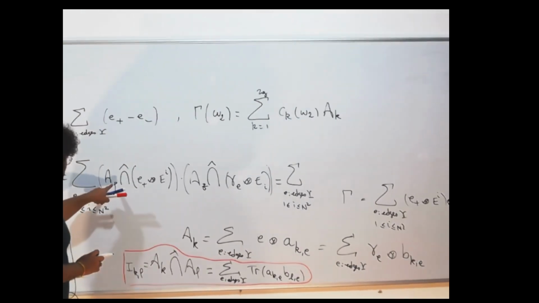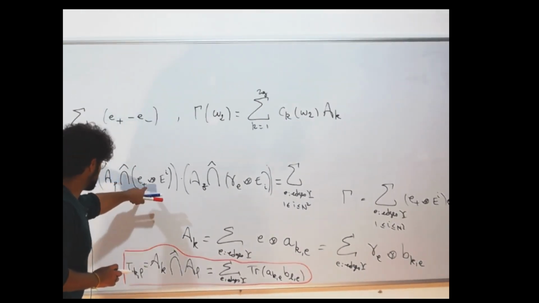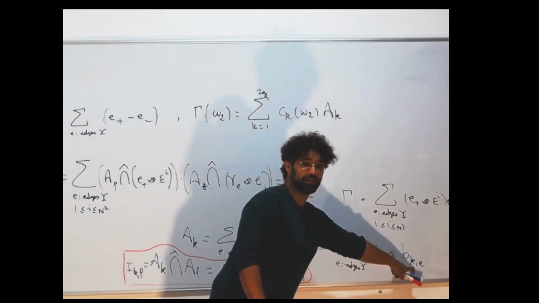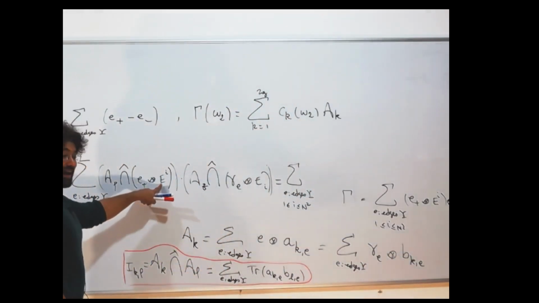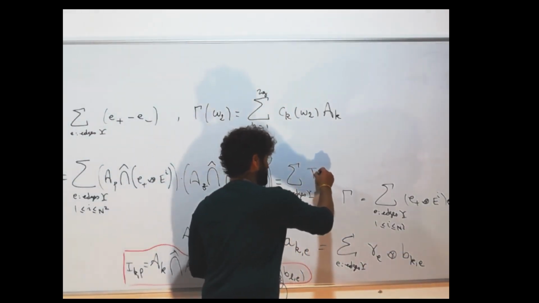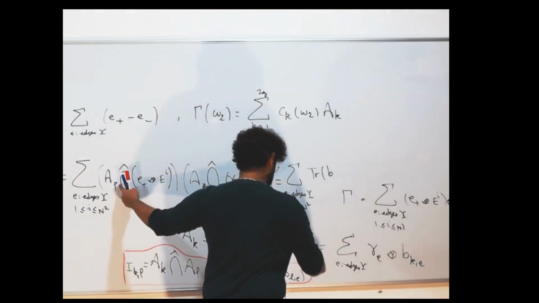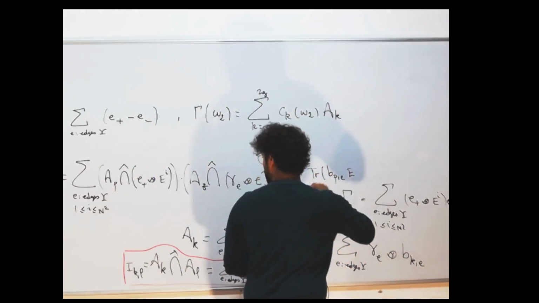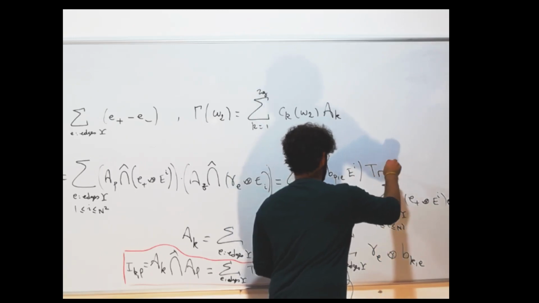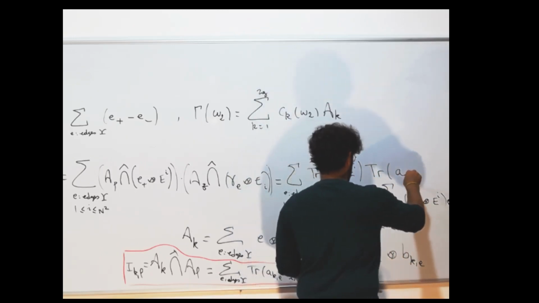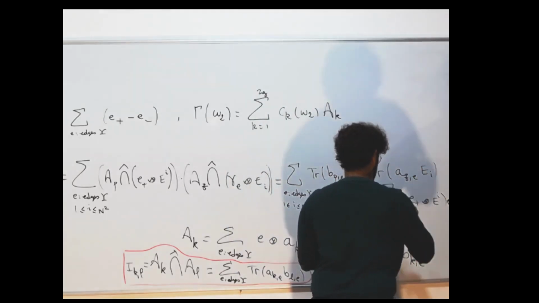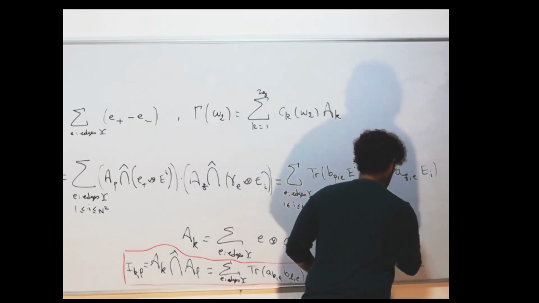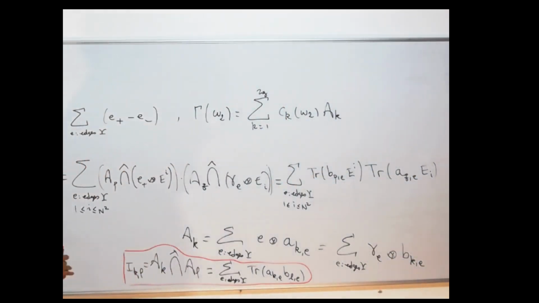Now AP intersected with E plus gives you B_KL product with E_I and traced. This is now the trace of B. So it's not a K, it's a P. B_P E times E_I times the trace of A_Q E E_I.